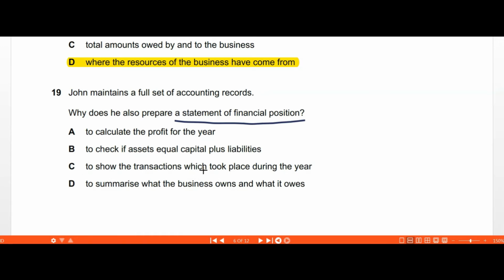C, to show the transactions which took place during the year. And D is to summarize what the business owns and what it owes. So yes, we will be choosing option D, because this is what a statement of financial position shows. It shows a summary of the business assets, capital and liabilities. So what the business owns and what it owes.